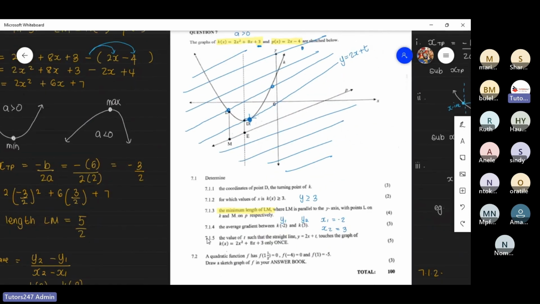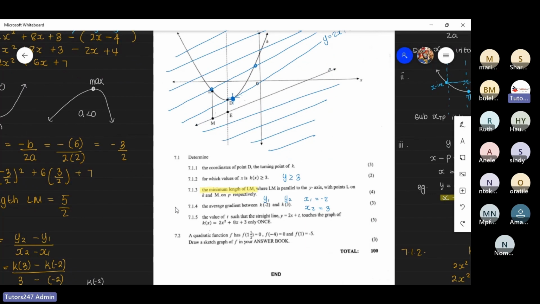Okay, now let us move on to our last question of this particular exam paper, which is question 7.2. Question 7.2 states: a quadratic function f has f of 1.5 equal to 0, f of -4 equal to 0, and f of 1 equal to -5.